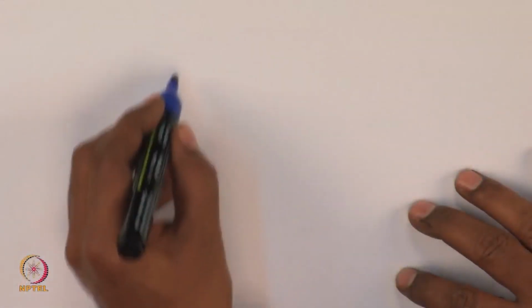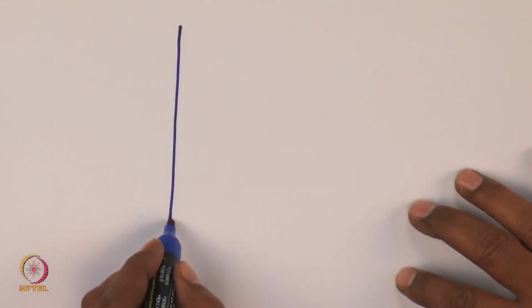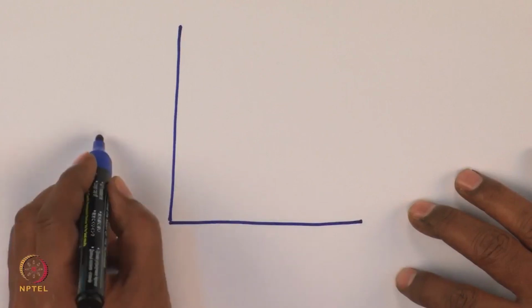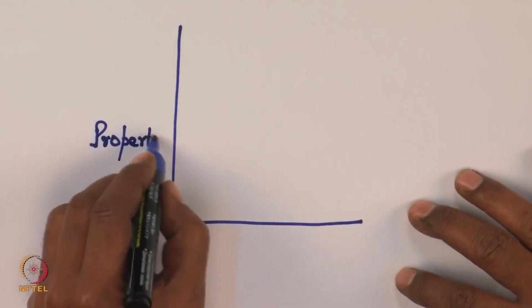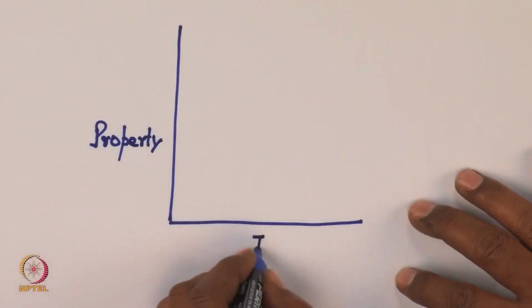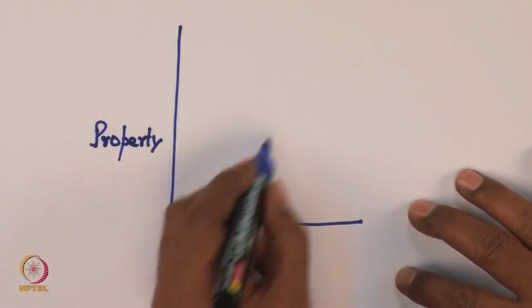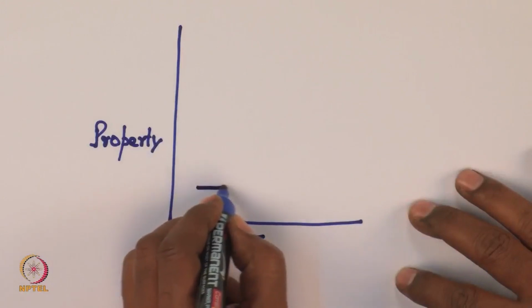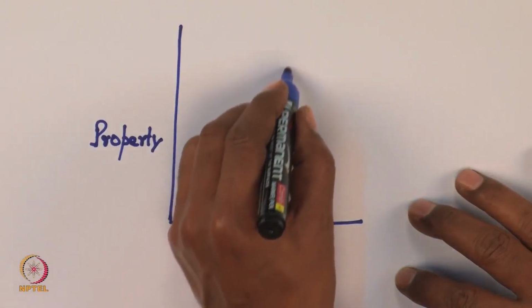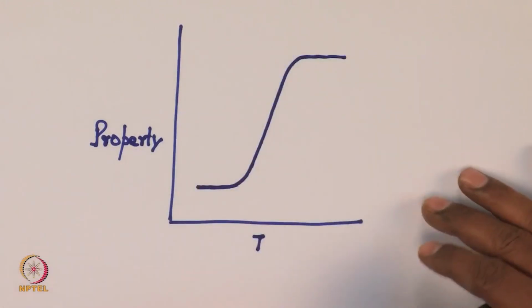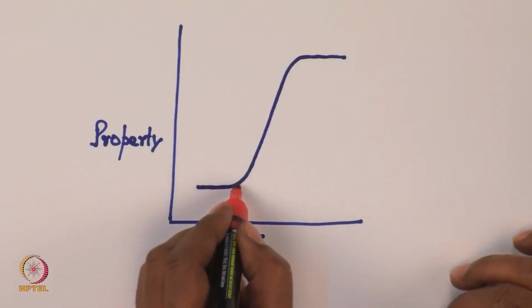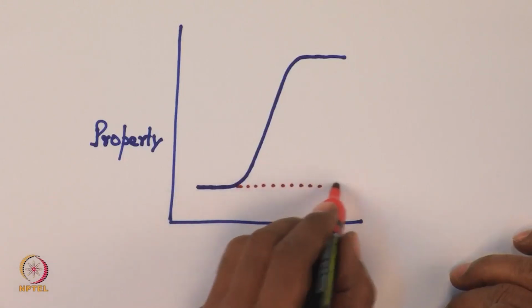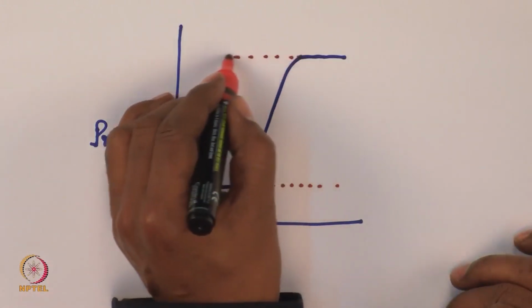So, let me go back here. If the integrated plot, let us say, I will put as property, the integrated one, against temperature, and if the variation is like this, then let us talk about these distances.